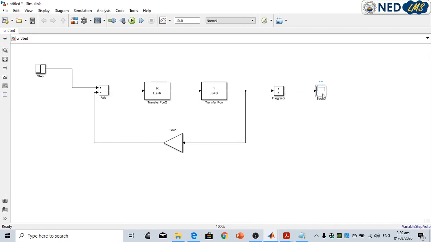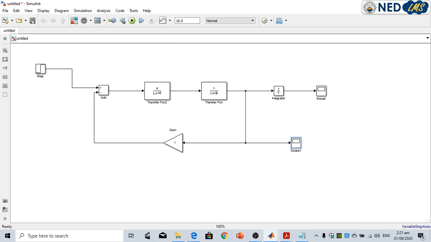We need 1 scope here in order to observe the changes in theta m, and similarly we need also a scope to observe the change in angular velocity.